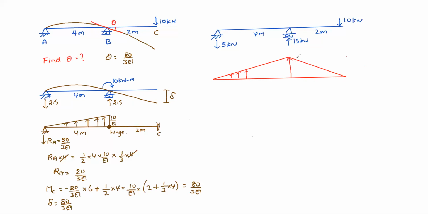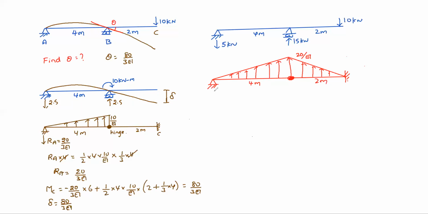Here it is 20 by EA. Reactions are like this. Sorry. Here it is fixed end. Here same end. Here it is hinge. Okay. Now this is 4 meters, 2 meters.